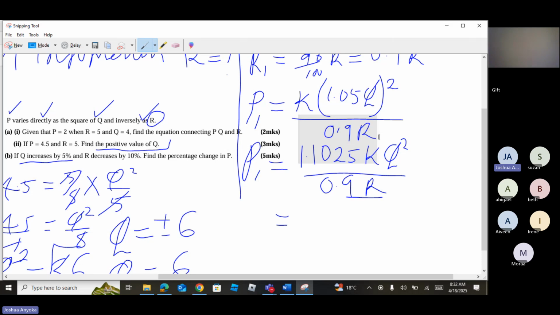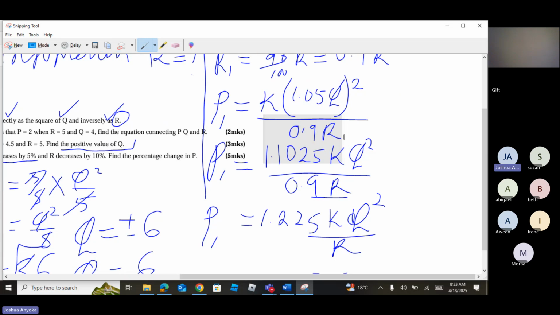So we divide 1.1025 by 0.9, and we get 1.225 K Q squared over R. This is now P after the change. I want you to get the steps.